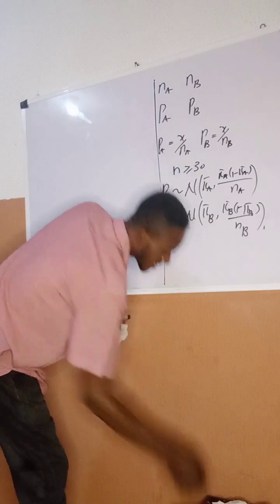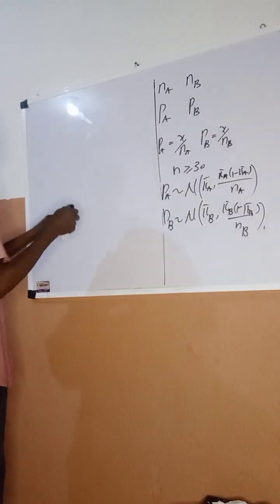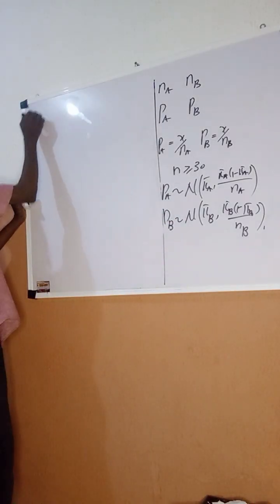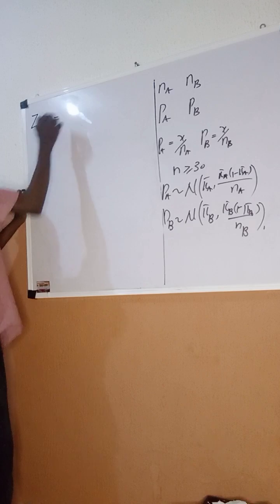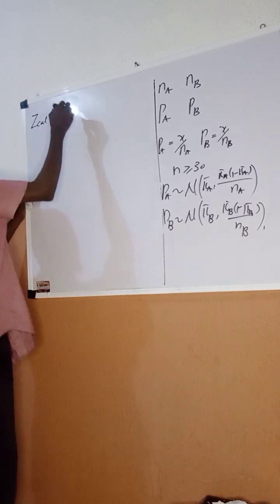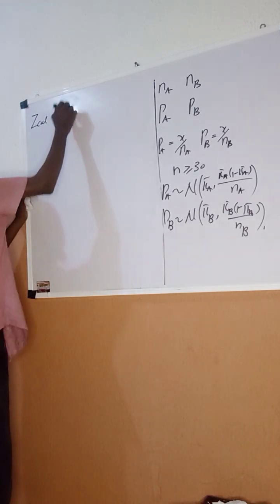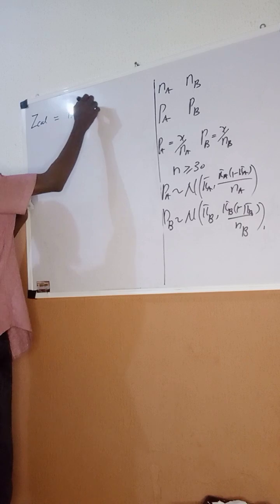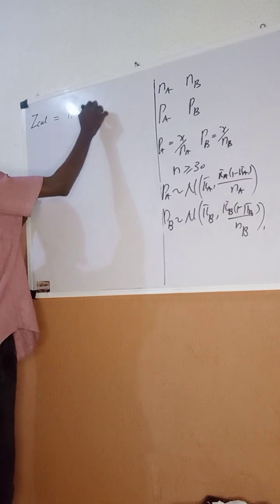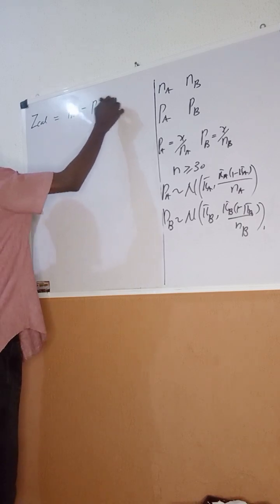So our test statistic is now going to be my z-cal equals P of A minus P of B minus delta 0.